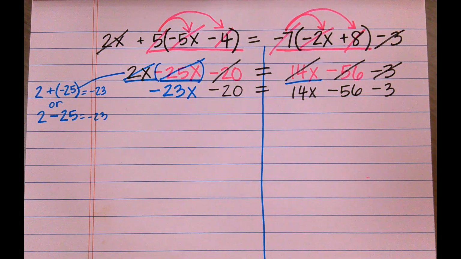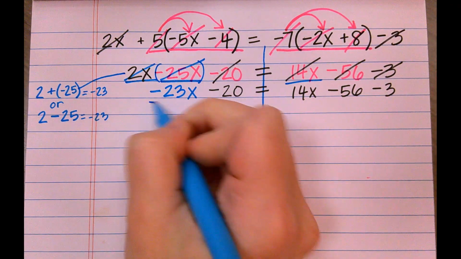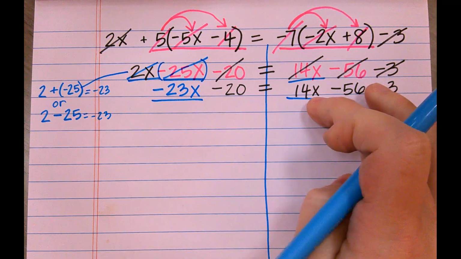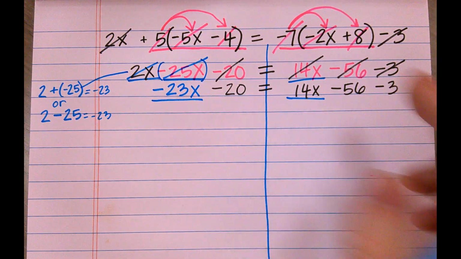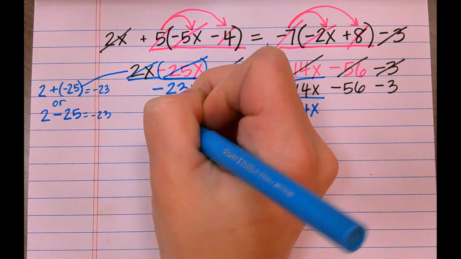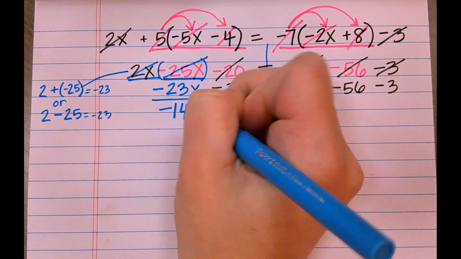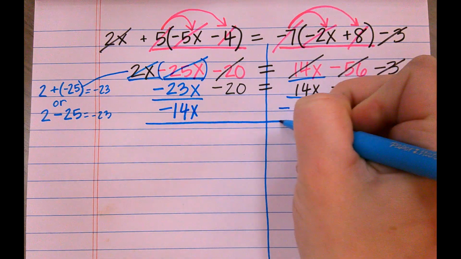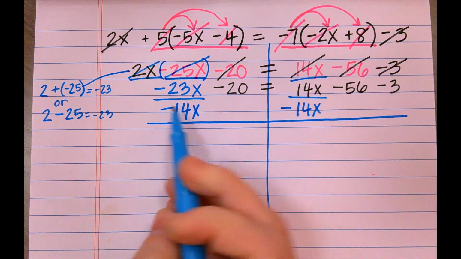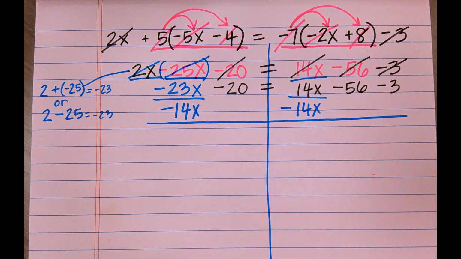Let's combine the negative 23 and the 14. Since 14 is positive, we would subtract it. You're right. So we'll do minus 14x on both sides. Now we're doing negative 23 minus 14.